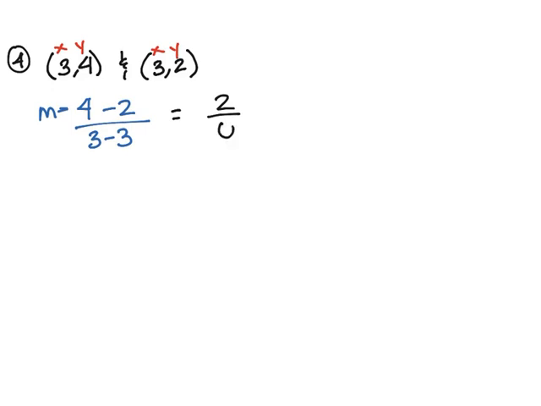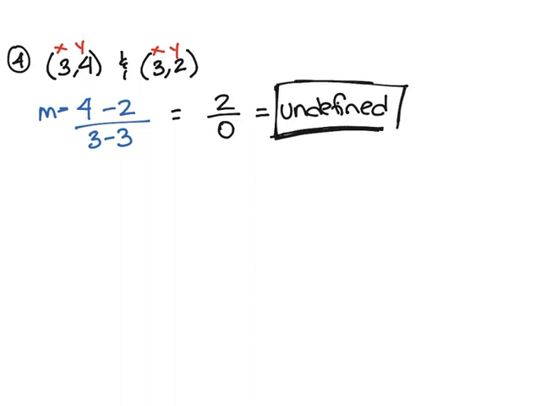And 3 minus 3 is 0. This time our 0 is on the bottom of the fraction. So this kind of links back. When you have 0 on the bottom of a fraction, then that means that the fraction does not exist. So what we say in graphing is that the slope is undefined, okay, undefined. And that's what you have to tell me. Not a number over 0, but that equals undefined.